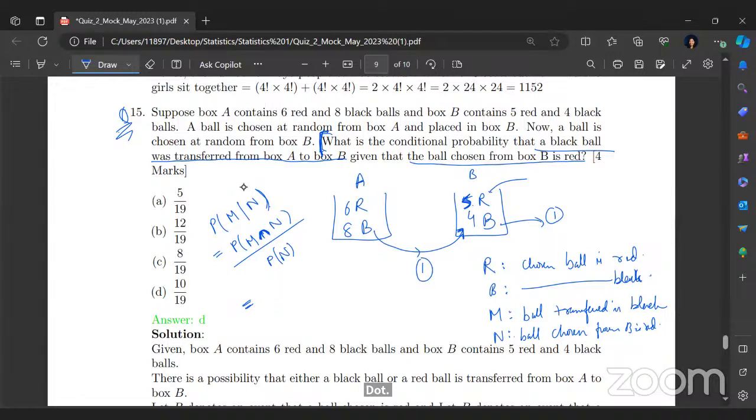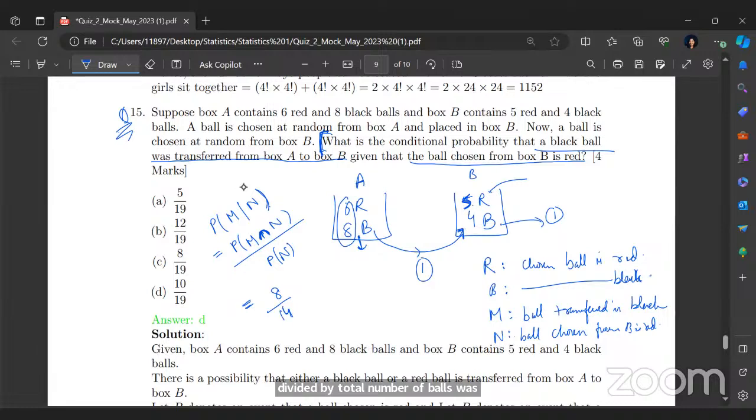So this is ball transferred is black, and that probability would be what? Black was how many? 8. So 8 divided by total number of balls was 8, 6, 14.